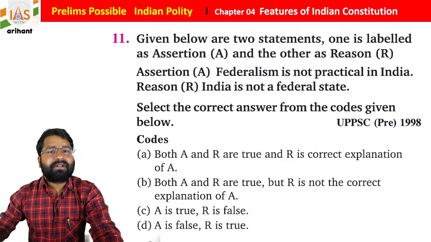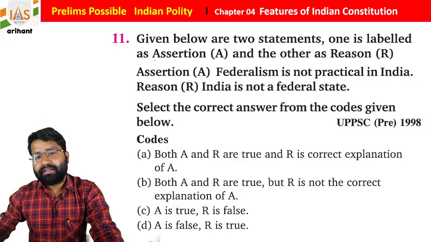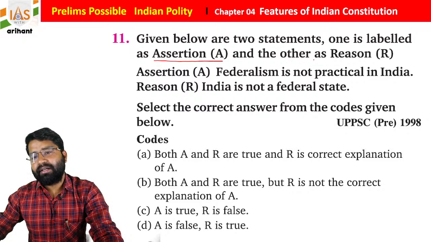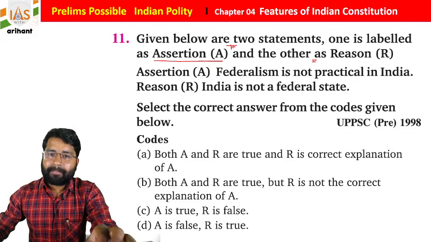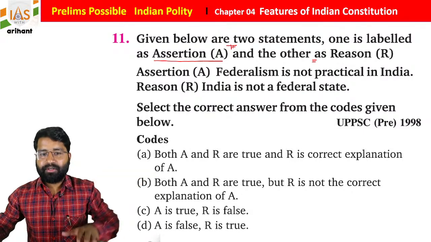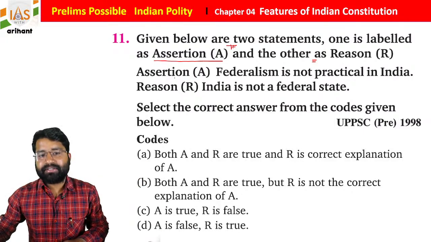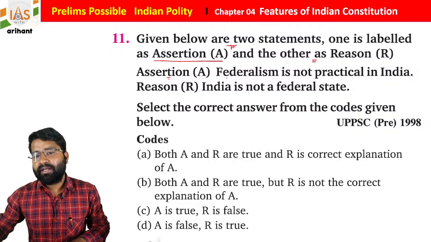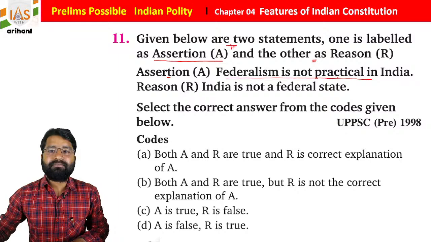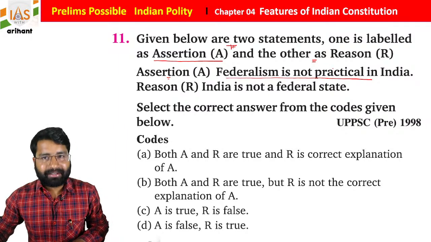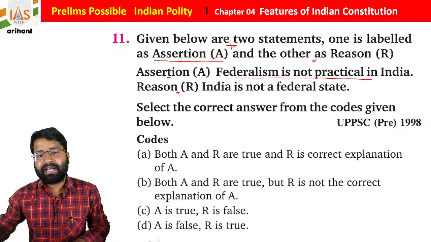Now we are moving further to another question, and this question is for assertion and reason. Okay, so there will be two statements and you have to choose the right option. The assertion here is that federalism is not practical in India, and the reason says that India is not a federal state.